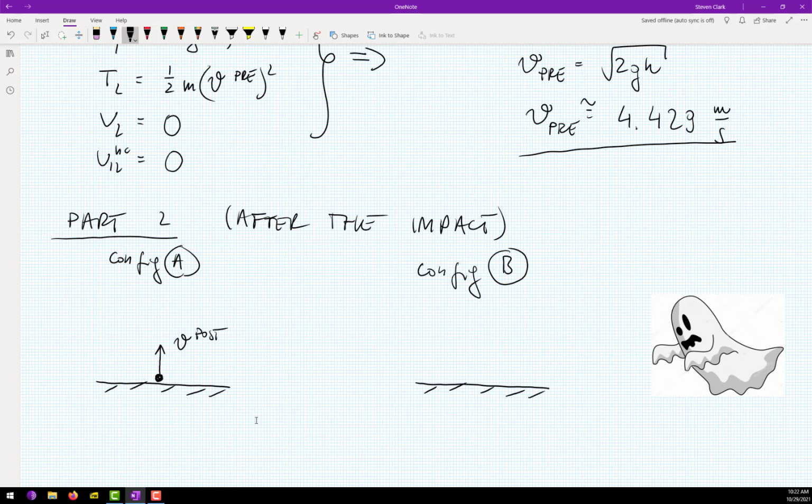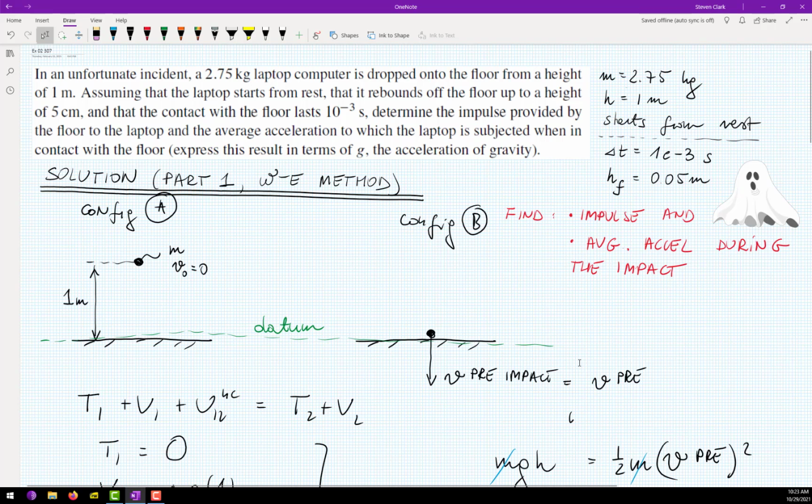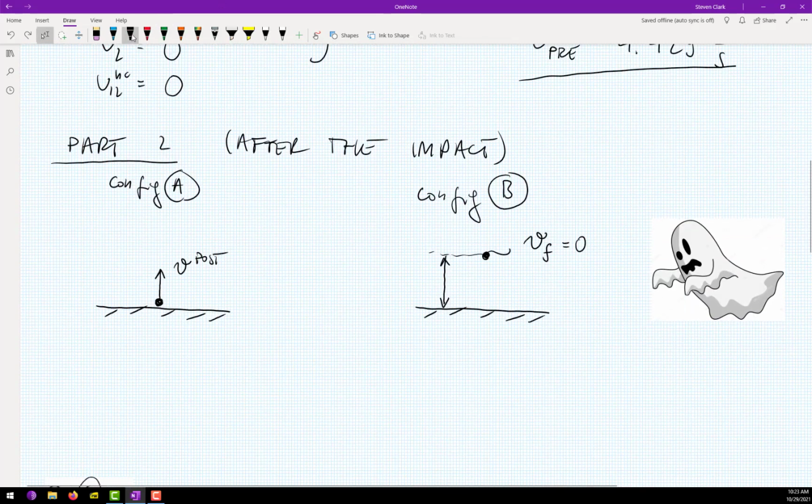Then at the end, it will be at some elevation with final velocity equal to 0. It will stop at some point. Let me scroll up the board because I think they told us this elevation. Yep, here. Only 5 centimeters. That's interesting. So this is 0.05.